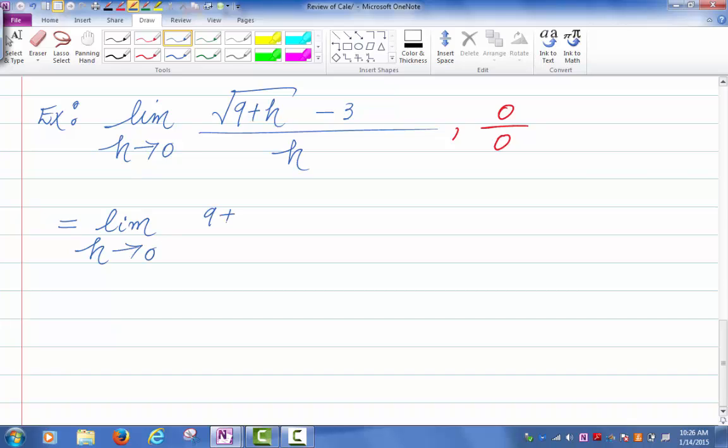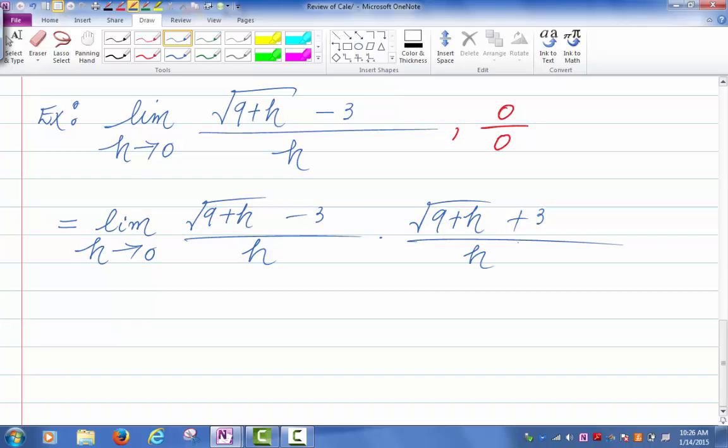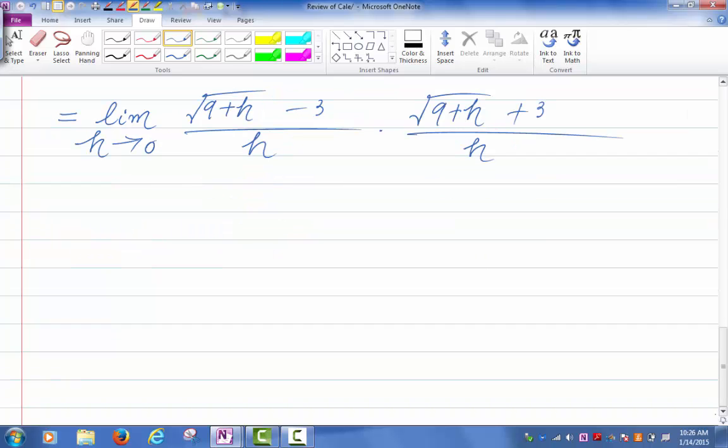So I would be writing (root of 9 plus h, minus 3) over h times (root of 9 plus h, plus 3) over (root of 9 plus h, plus 3). So I multiply and divide by the conjugate, and doing that doesn't change the quantity because I'm essentially multiplying by 1, right?